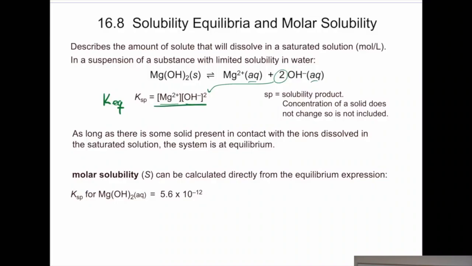Because just like we found with the weak acids, these are all heterogeneous solutions, meaning that we have different phases. And in our mass action expression, we're only concerned about the things that are changing.